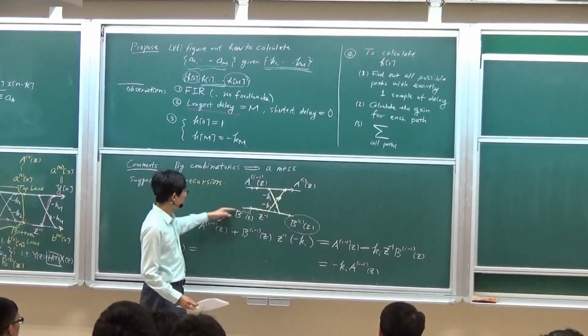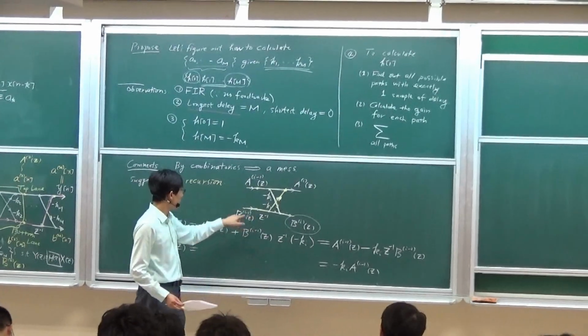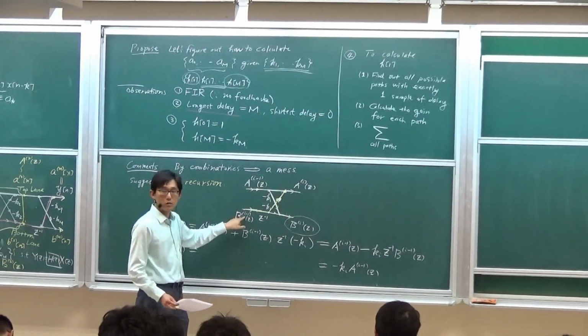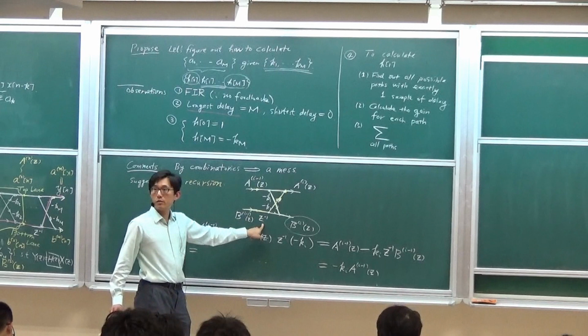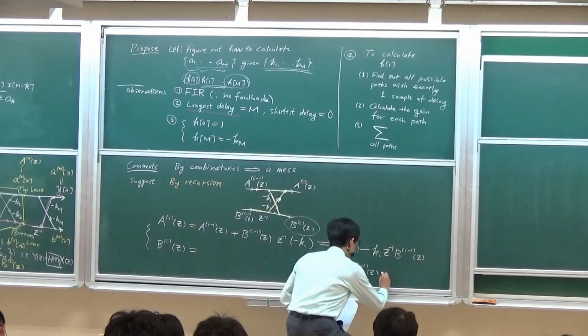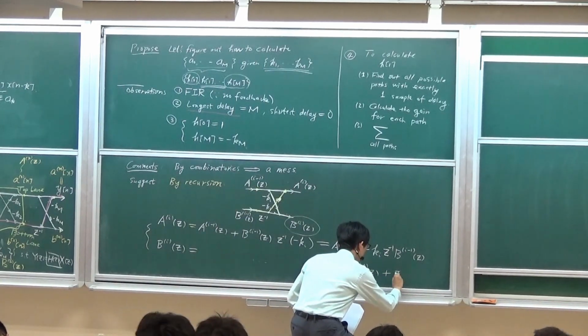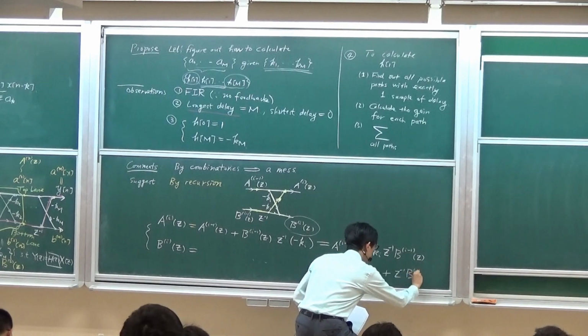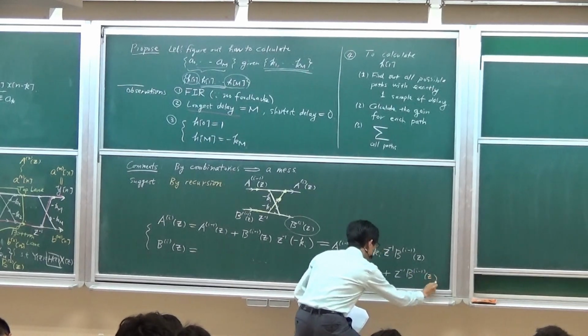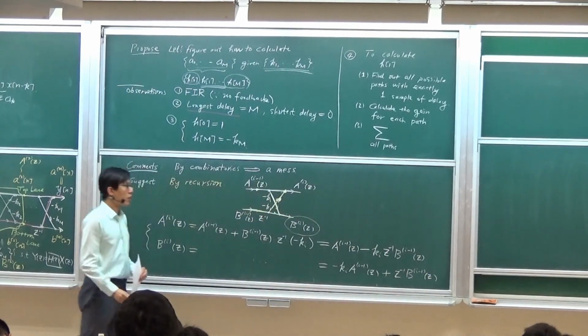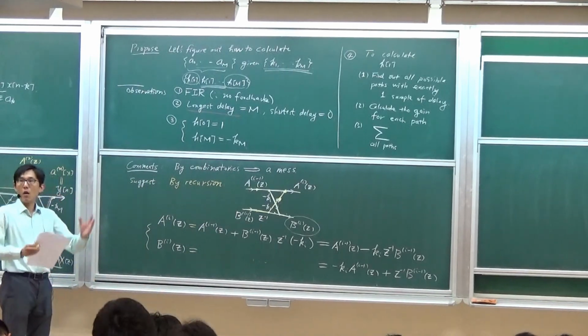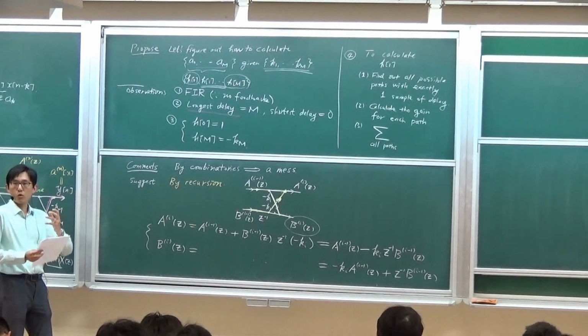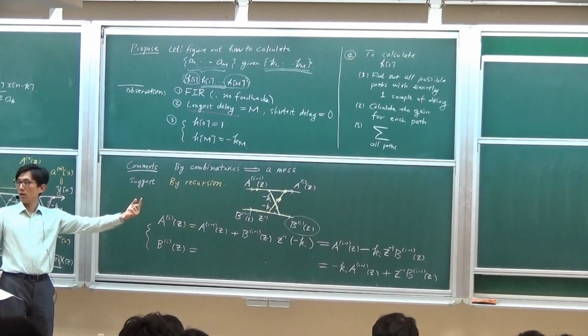And one more path is staying at the bottom, that is B superscript i minus 1 times Z inverse.